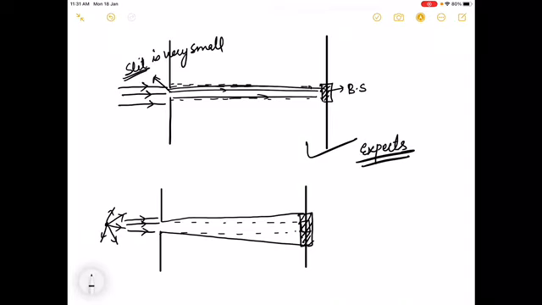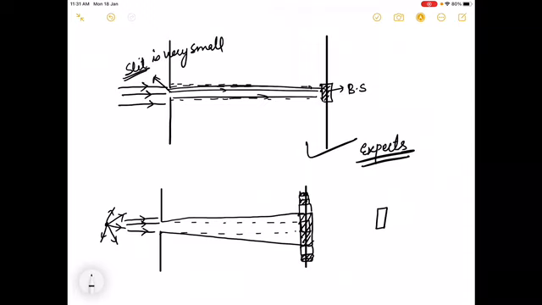And here the story does not stop. After this bright fringe we will see a dark spot, then again a bright spot, then again a dark spot, then a bright spot. So you will see something like this.